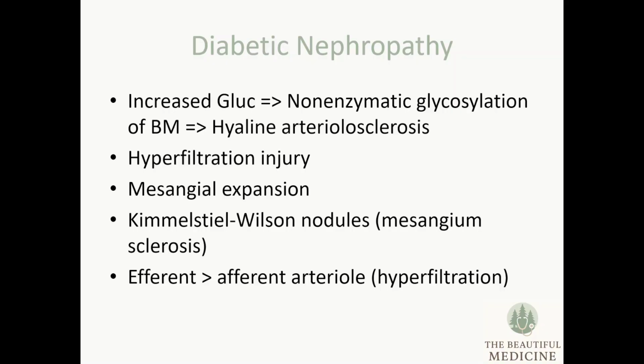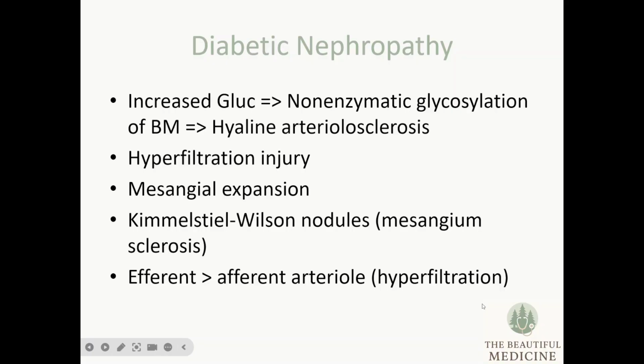If you see that kind of image, you can say it's diabetic nephropathy. Also the questions will give you hints toward that path, you know. So what else can we say about this diabetic nephropathy? The efferent arteriole gets more damage than the afferent.